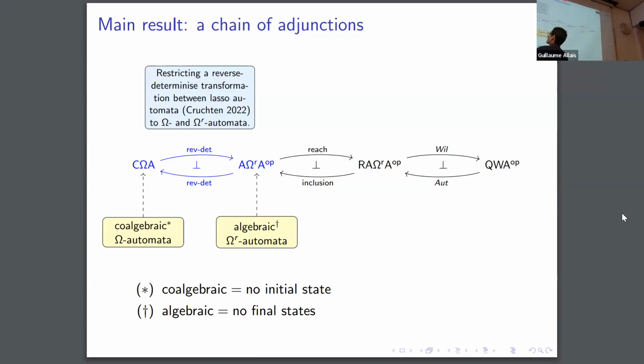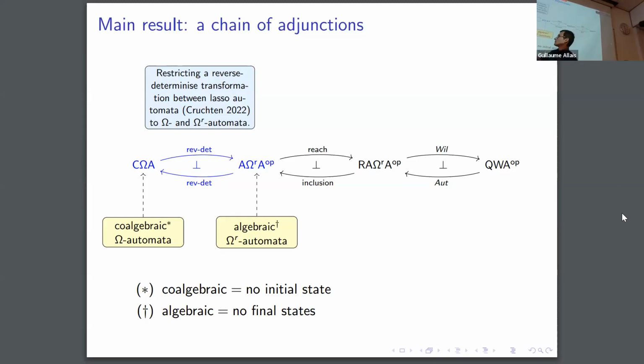So what Mike obtains is co-algebraic lasso automata here, algebraic lasso automata op here, and the same reverse-determinize adjunction. What we wanted to do is to see here not lasso automata but omega automata, which are a bit trickier because they're lasso automata plus some conditions.